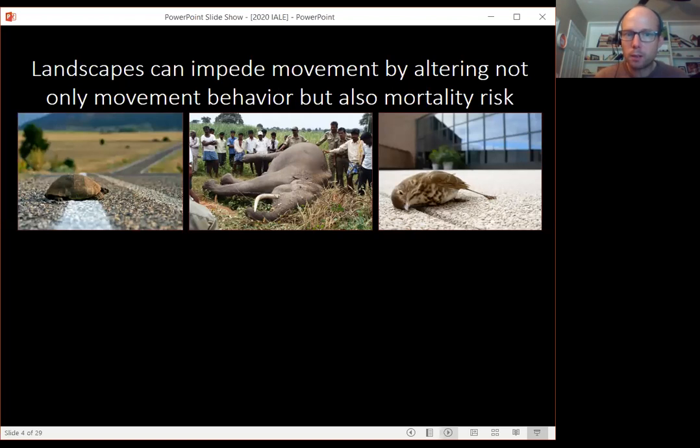The first is by altering movement behavior in the potential path of an organism or a process, such as the flow of water across a landscape, but they can also influence mortality risk, or essentially the failure of movement to occur across a landscape. And so we're very much interested in understanding the relative roles that these two very different issues play for connectivity mapping and the applications of connectivity to conservation.